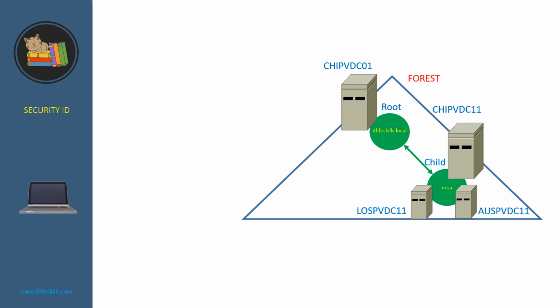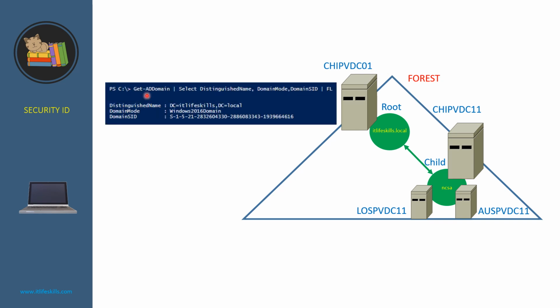For example, we can easily find the security ID of the root domain in this AD forest by using this command, and here is the domain security ID. When a DC of a domain creates a security principal object, such as a user, a computer, or a group, it attaches a unique security ID to the object.